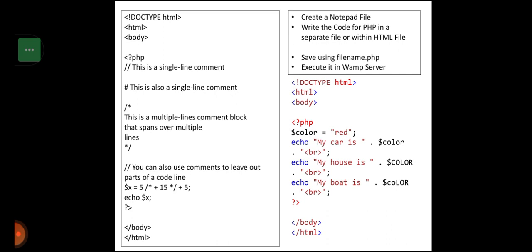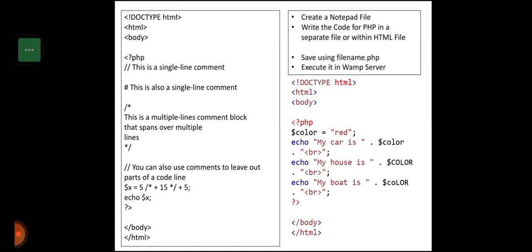And we can also use comments to leave out a part of the code. A particular part of the code alone we can make a comment. That particular part alone will not be executed while the execution process is happening.